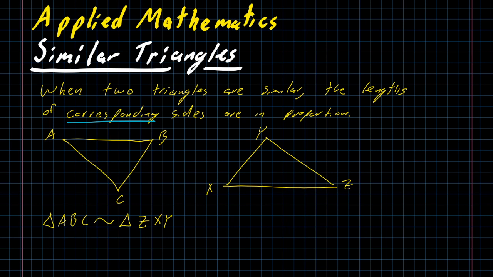Let's invent a particular problem. Let's say that triangle ABC is our known piece of information. Triangle ABC has sides of length 12 feet, 8 feet, and 7 feet.